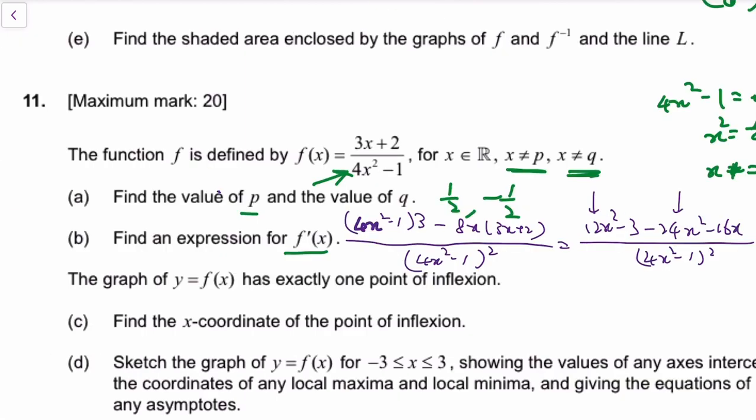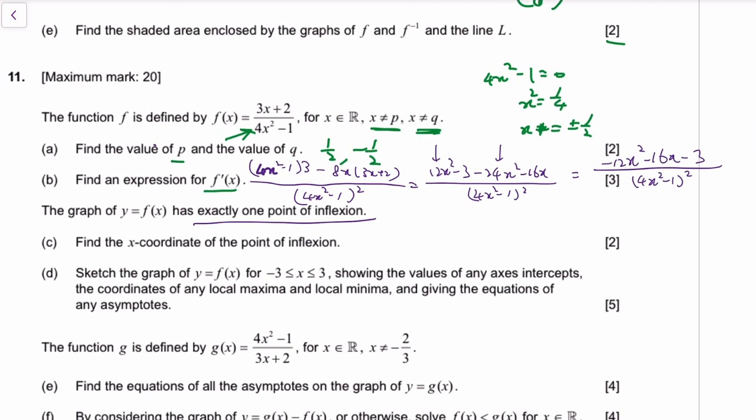Okay, and then what? They want a point of inflection. So, point of inflection, how do you find it? It's probably that the second derivative is 0. One way would be to differentiate this again and then solve that equal to 0. But in case you think differentiating this again would be too much work, I would agree with you.